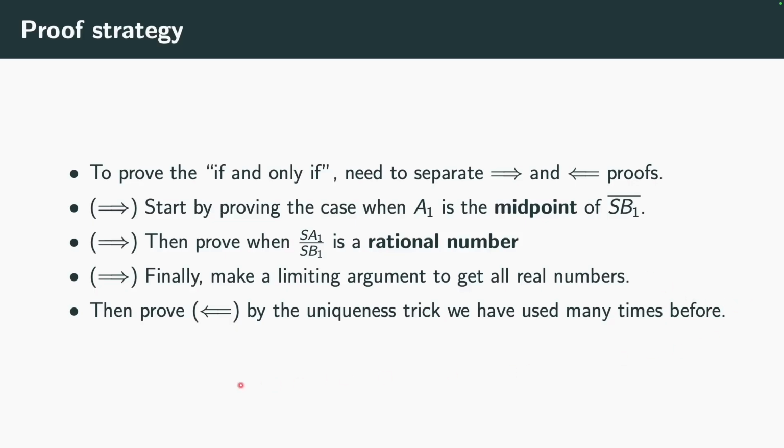And then the converse, the implication with the left arrow: if we assume the ratios are equal, then the lines are parallel. That one is going to follow by a pretty straightforward application of the argument we've used over and over again, where we construct an auxiliary object, and then using that, we show that there's only one object, and that gives the result.